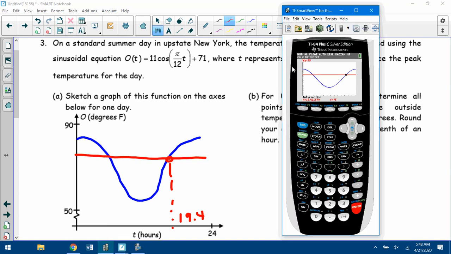And then do the same thing for the other one. Second calc, intersect, first curve, second curve. So we want to get all the way over to this one. So when I guess, I have to arrow over to that one. And it's 4.6.